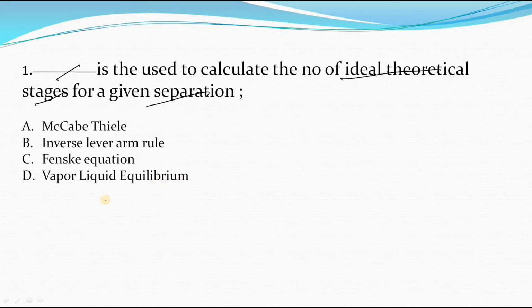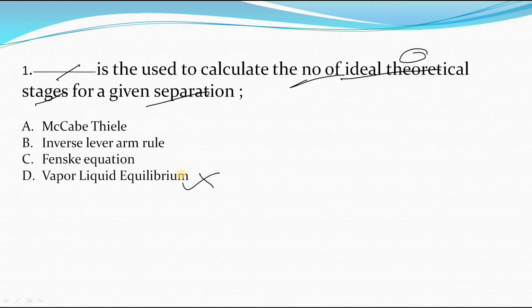Vapor liquid equilibrium does not deal with calculating the number of ideal stages. It tells us the relationship between vapor and liquid equilibrium, the boiling point curve, the dew point curve, and the relationship between them. So it does not consider the number of ideal theoretical stages.